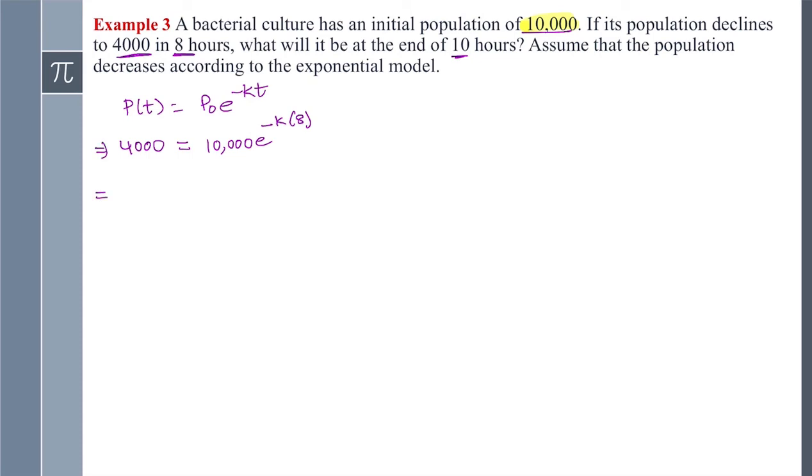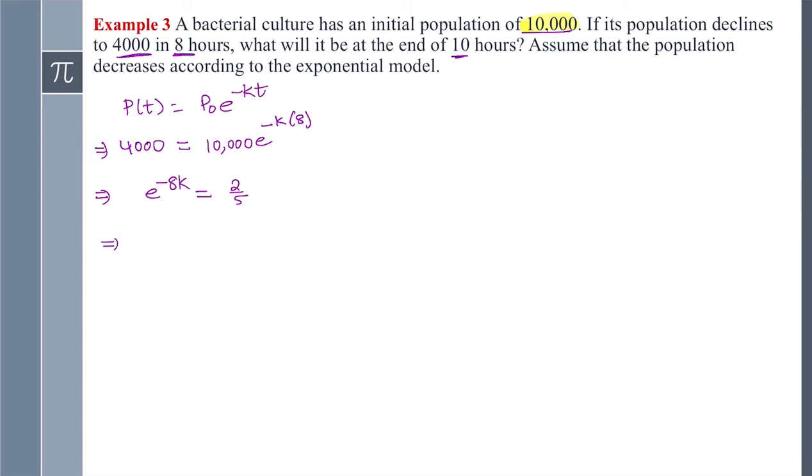So now, let's go ahead and divide by 10,000 on both sides. We get e to the negative 8k equals 2/5. Now take natural log on both sides.